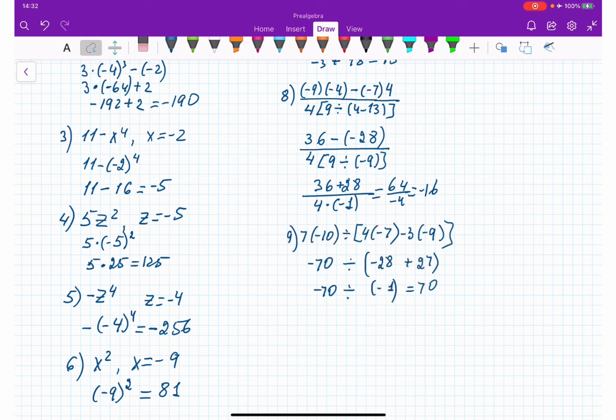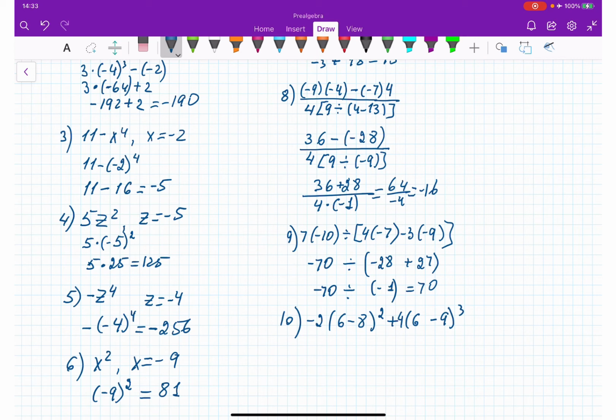Question number 10. We have negative 2 times 6 minus 8 squared, plus 4 times 6 minus 9 cubed.